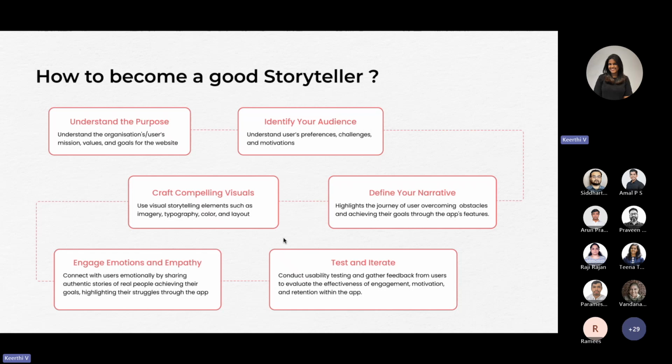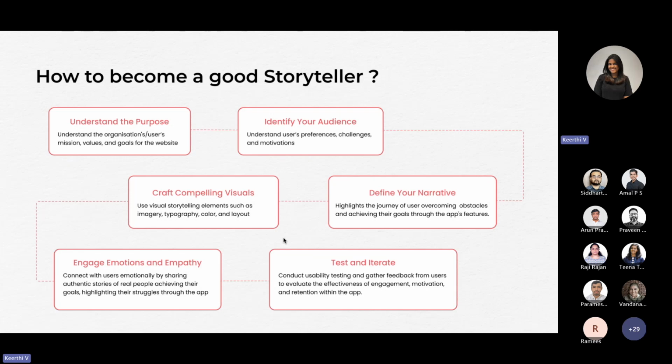And through all this, we need to engage emotion and empathy. While we are telling the story to the user, we need to be empathetic and mindful about how we tell it. We need to build a connection through the story. Once you convey it, you need to give the user time to absorb the information and feel what we are trying to convey.